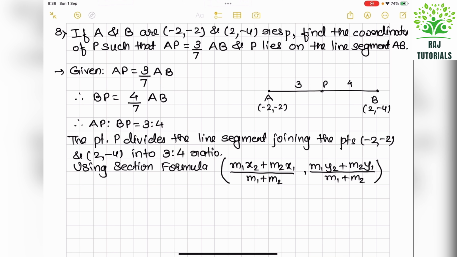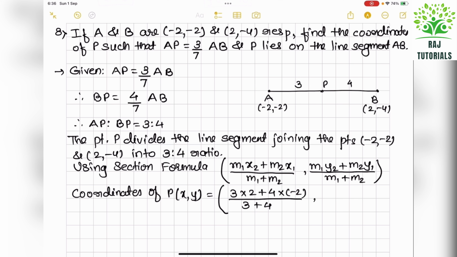So coordinates of P (x, y) will be equal to (3 into 2 plus 4 into minus 2) by (3 plus 4) comma (3 into minus 4 plus 4 into minus 2) by (3 plus 4).